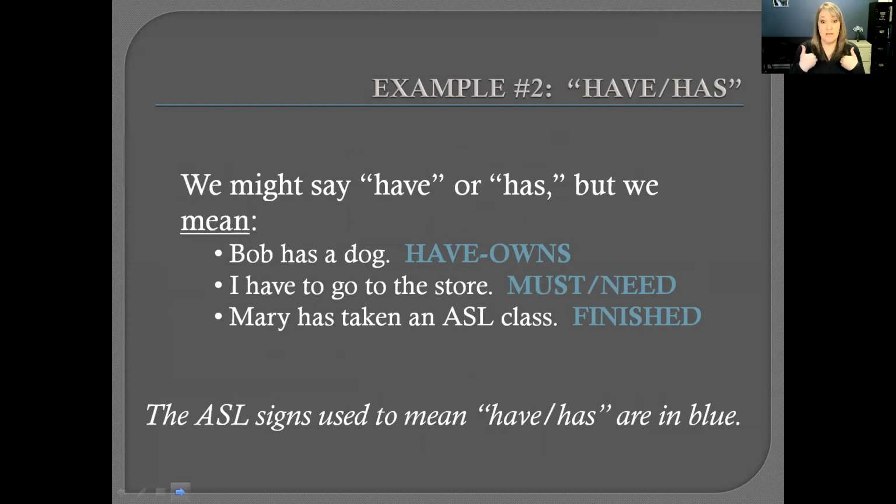I have to go to the store doesn't mean I own going to the store. It means I need to. I must. Mary has taken an ASL class means that she did it. It's in the past. So you would sign Mary has finished. Mary has taken an ASL class.